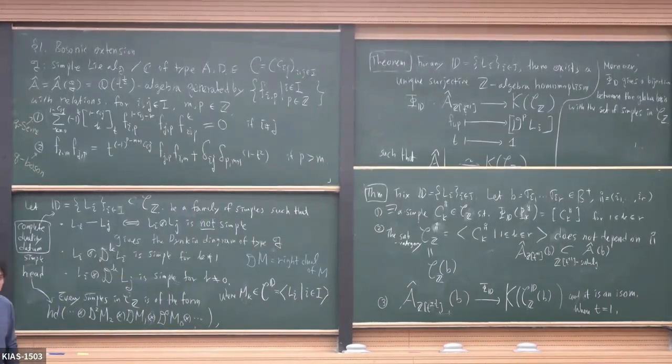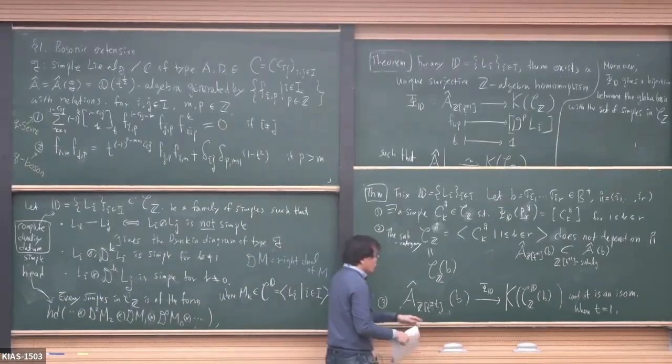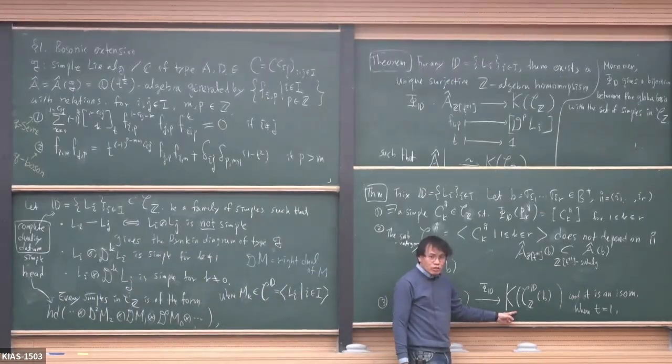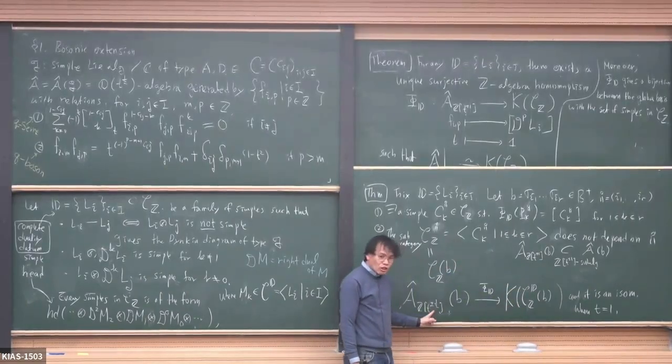So the Grothendieck rings of the subcategories we are interested in are all commutative rings, and this is a non-commutative ring. Okay, I got it.